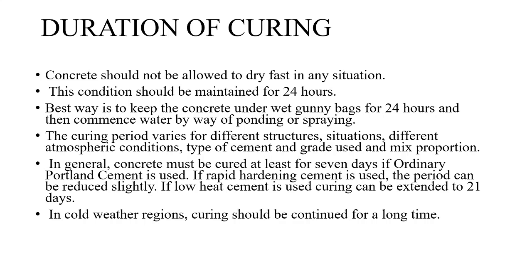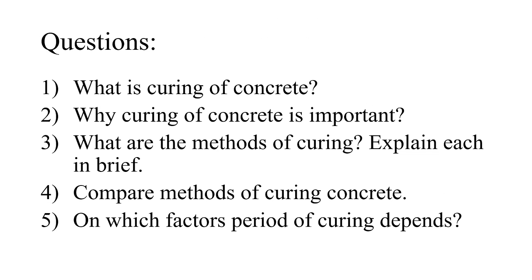If rapid hardening cement is used, the period can be reduced slightly, and if low heat cement is used, curing can be extended to 21 days. In cold weather regions and in hot weather regions also, where there are extreme temperatures either low or high, curing should be continued for a long time.